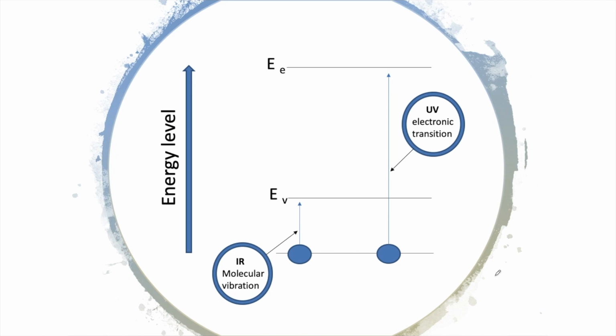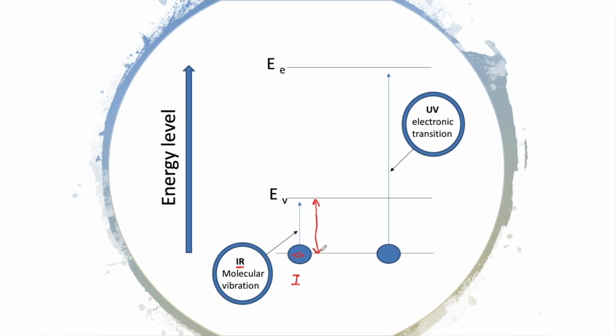So now let us learn why molecular vibrations are noticed on the interaction, why not the electronic transition. Here in case 1, you can see that the particle in the ground state is showing the vibrational transition by absorbing the IR radiation, whose energy is equal to the energy difference between these two levels.